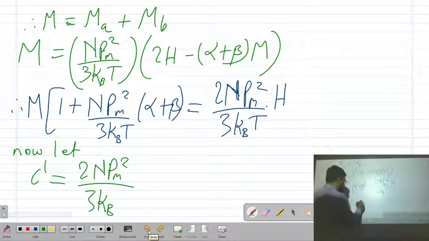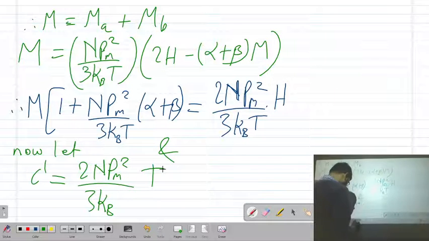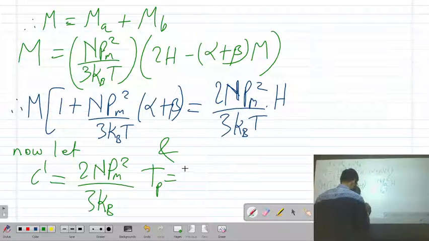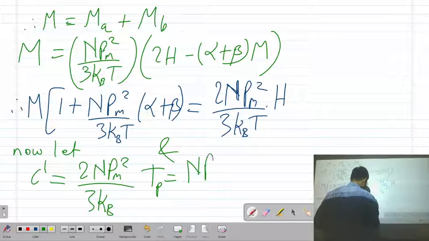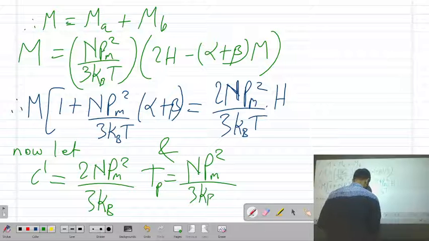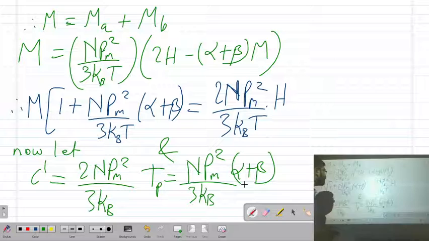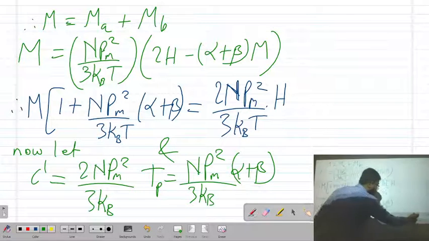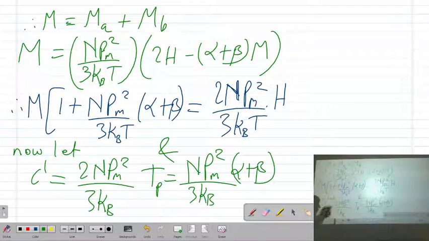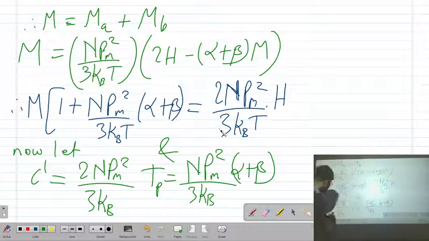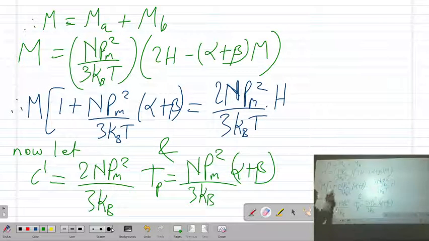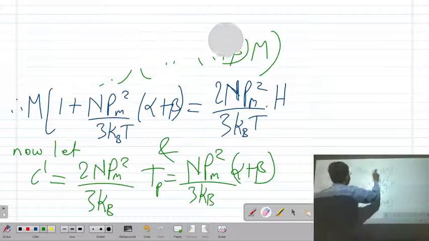We are assuming it. This term we are going to recognize as T of P, and this term we are going to recognize as C dash.